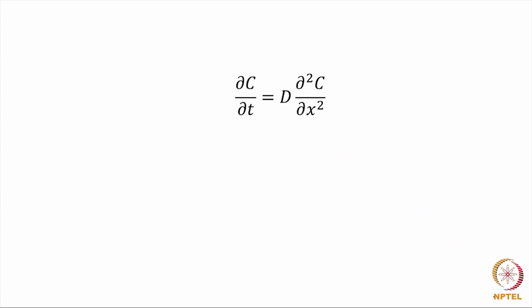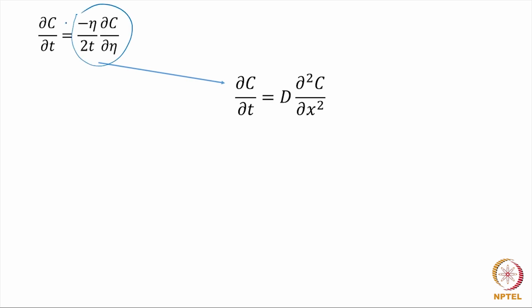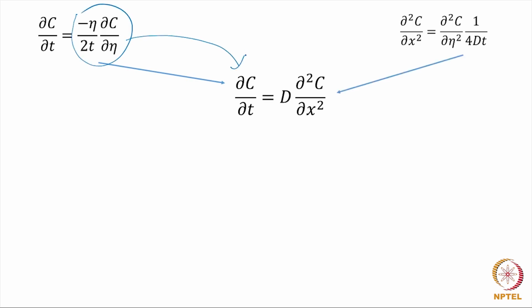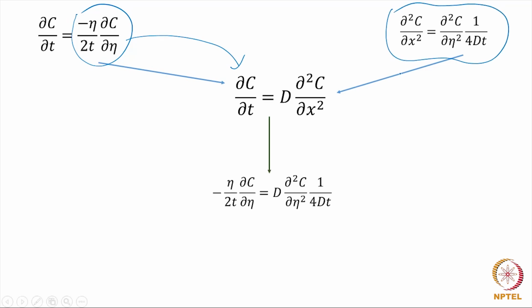So we can then write the differential equation which we had earlier, ∂c/∂t is equal to D ∂²c/∂x². In that we substitute for the left hand side what we have derived just now, and for the right hand side also we have now derived the terms, so that would be brought in on the right hand side.